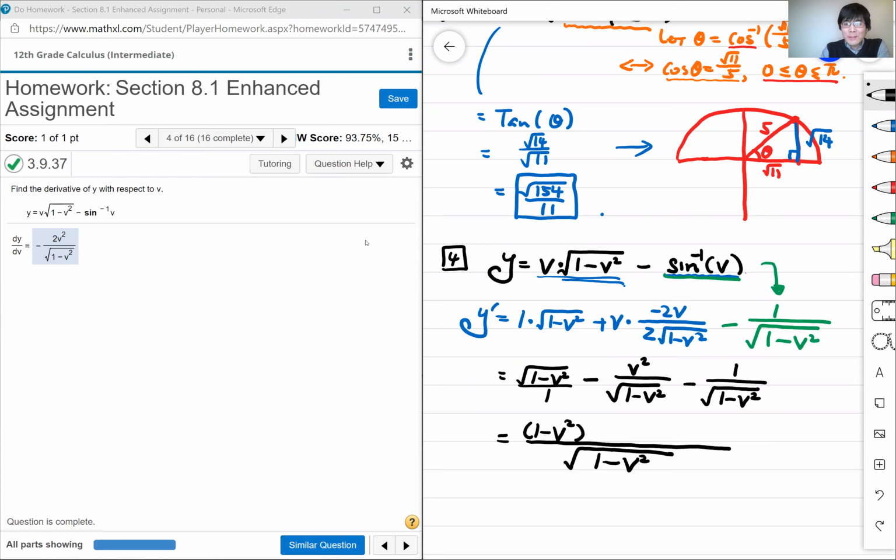So the numerator becomes this. The second term is negative v squared on the numerator, and the third term is negative 1 on the numerator. So now combine the like terms on the numerator. It's going to be negative 2v squared over square root of 1 minus v squared. Okay.